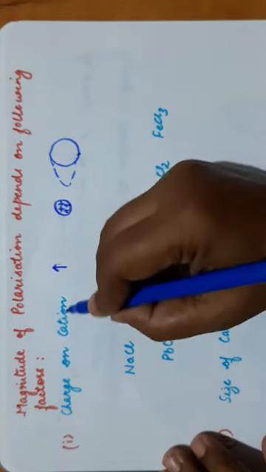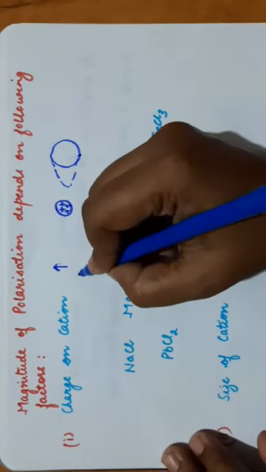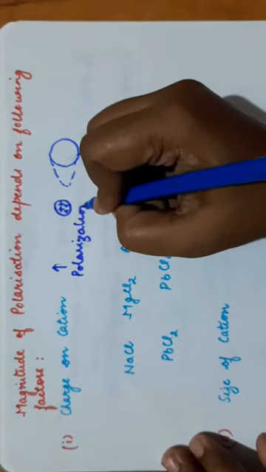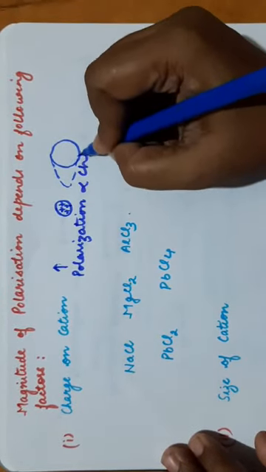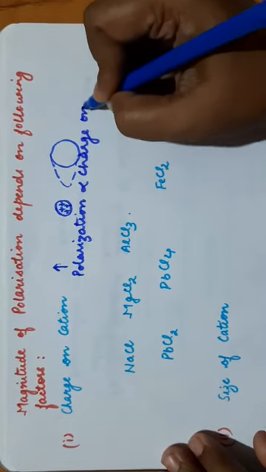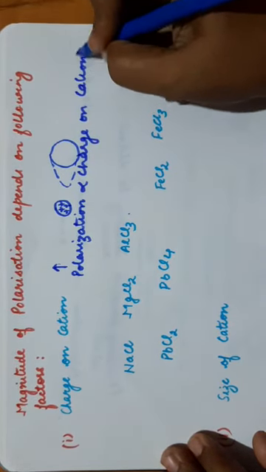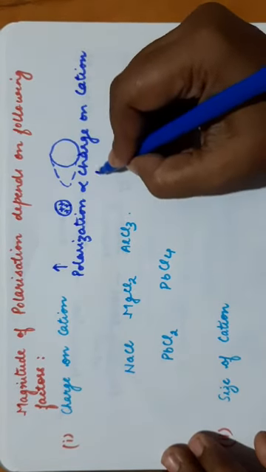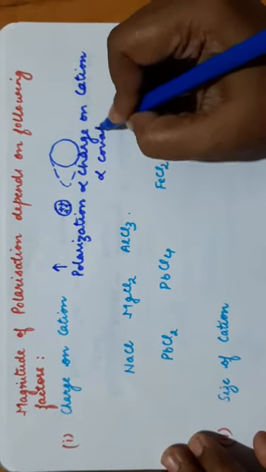So as the charge increases, polarization also increases. So polarization is directly proportional to the charge on the cation. Greater the charge, greater the polarization, greater will be the covalent character.